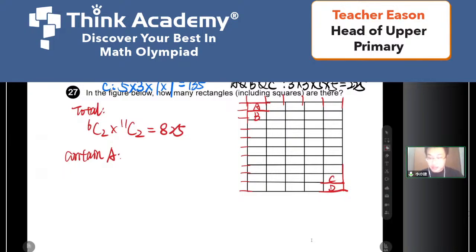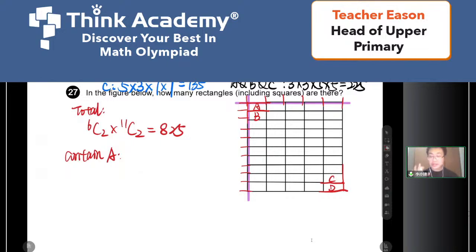if you want to contain A, then we must use this line to be the top, right? And all below can be the bottom. And for the width, we must use this to be the left, and all to the right can be the right.